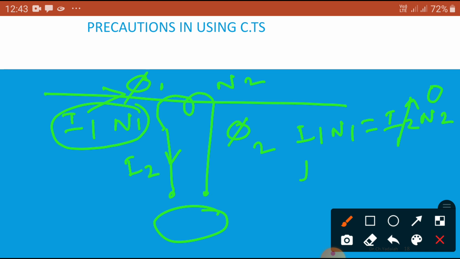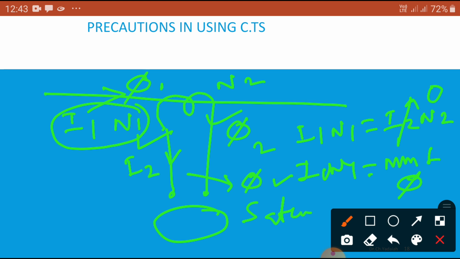Then I1 N1, which is the MMF of the primary, is very high. There is no opposing flux to nullify the primary flux. Due to this, a very strong magnetic field develops in the core material. This strong magnetic field will forcefully saturate the core.